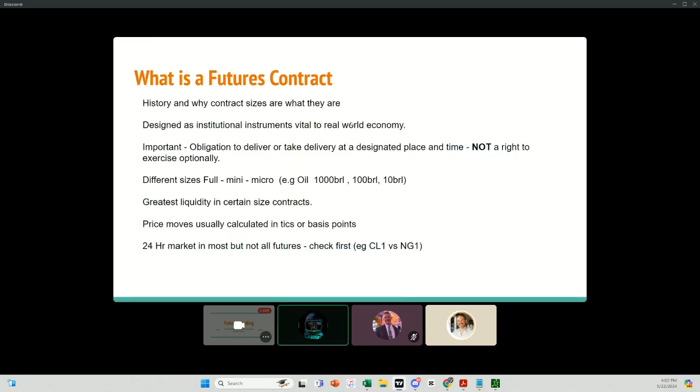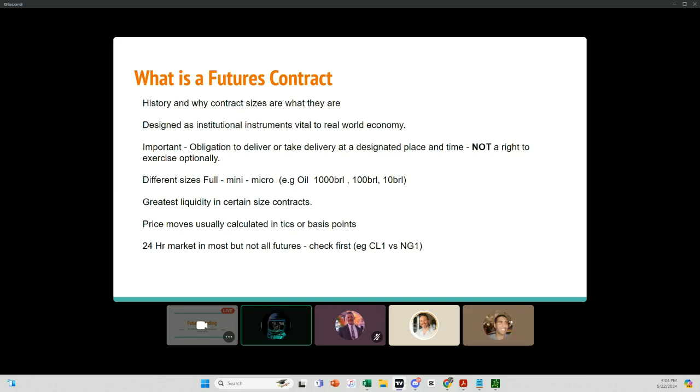Right. So, what is a futures contract? They are contracts for delivery of a real world commodity. You might find some of the sizing quite odd, and you wonder why they are as they are.